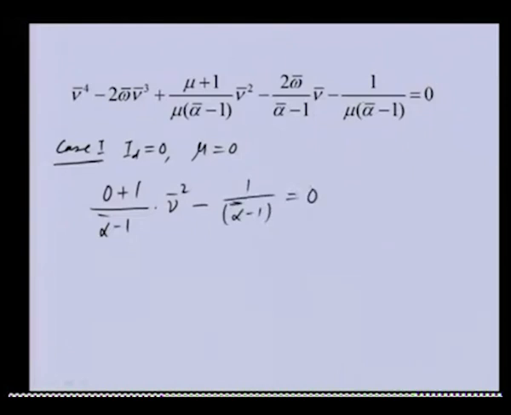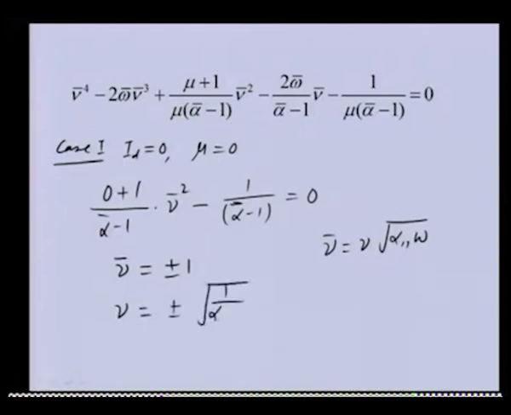So, you can see the solution of this will be ν̄ equal to plus minus 1, and we have defined ν̄ as ν times √(α11 m). If we substitute this here, we see that ν is plus minus 1 by √(α11 m), and this α11 is similar to the inverse of stiffness for the cantilever beam case.